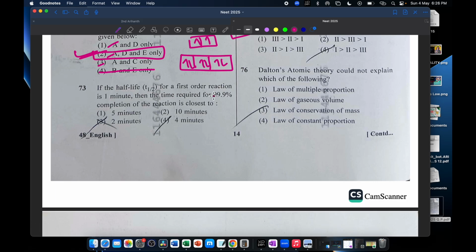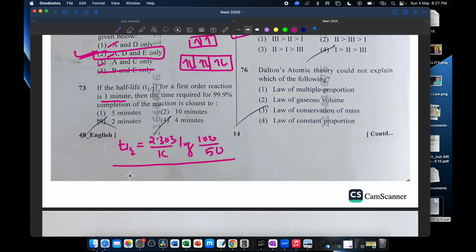Half-life for a reaction is 1 minute. Then 99.9% of the reaction completes in closest to what time? Okay, so this can be solved here. T half equals 2.303 by K into log 100 by 50.